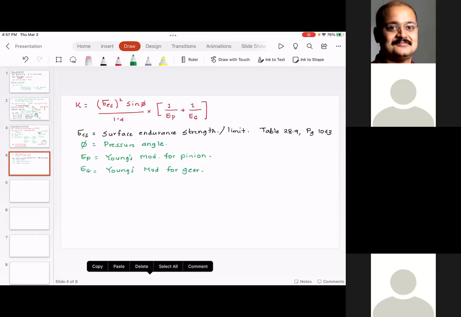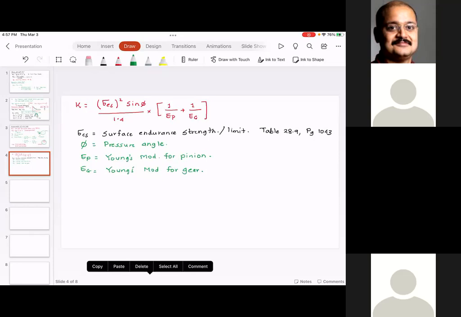Now, one thing that you want to think about is how would you get the Young's modulus for pinion and Young's modulus of gear. It actually depends upon whether you are using same materials like steel, or if you are using cast iron and steel. So you want to use the appropriate value, and that would give you the value of K. Once again, there is another equation that I want you to remember.